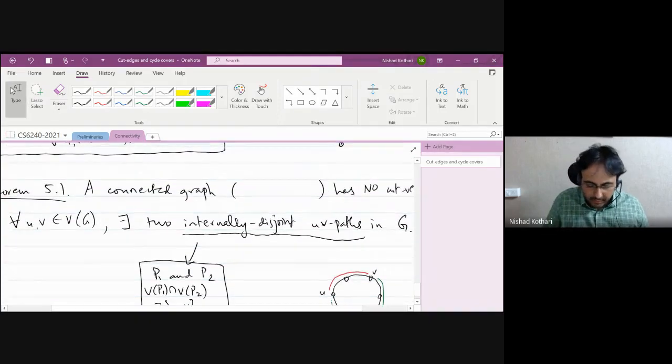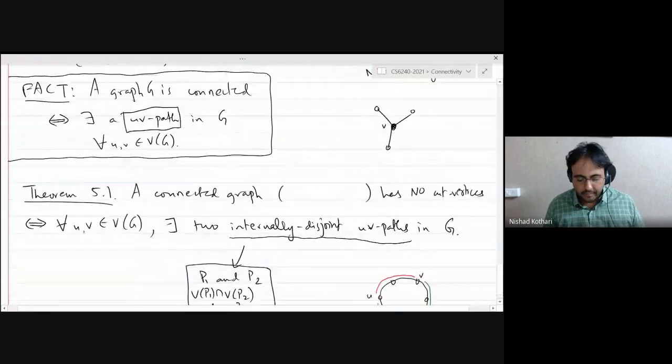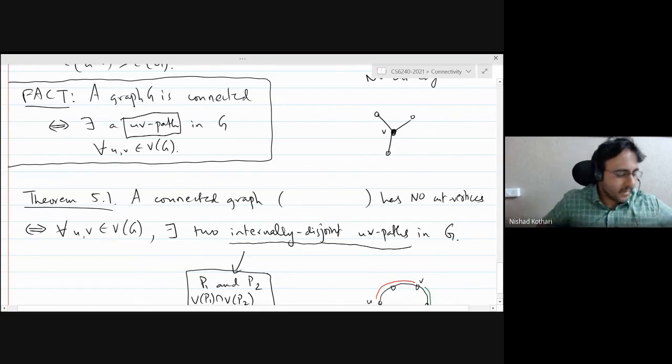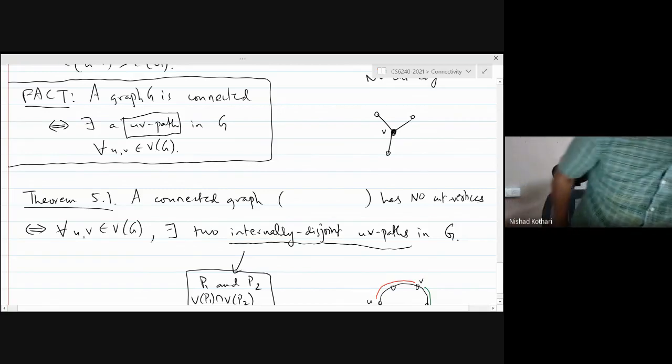Okay, this statement as stated is false. Can someone tell me why this statement is false? There are some small examples that are counter examples. Can anybody find some small counter examples to this statement?